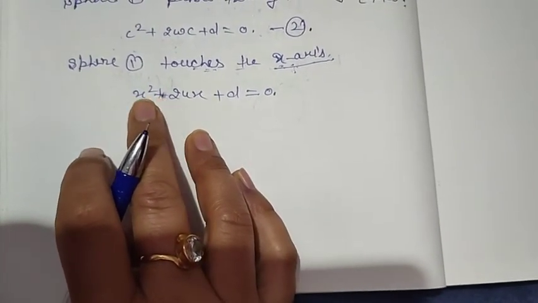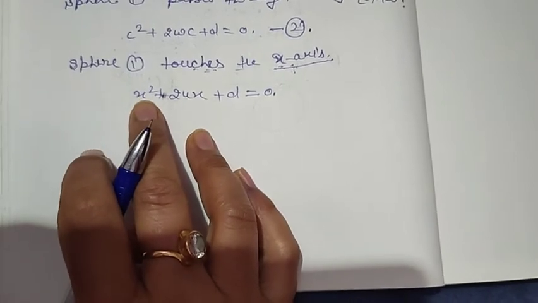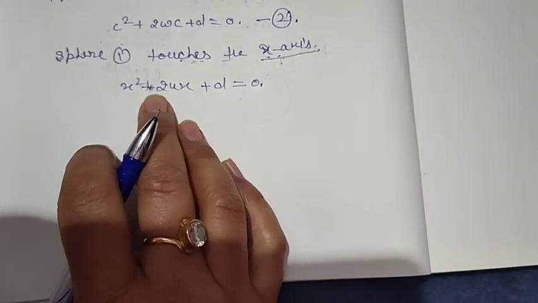This equation is of second degree in x, so it gives two values of x.